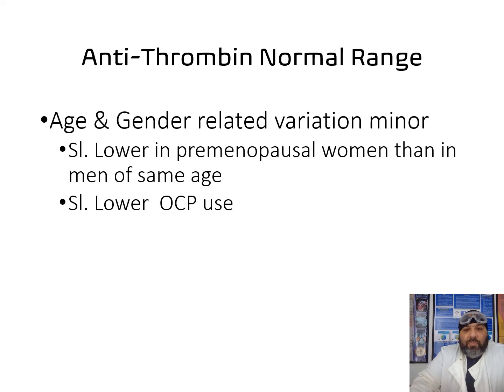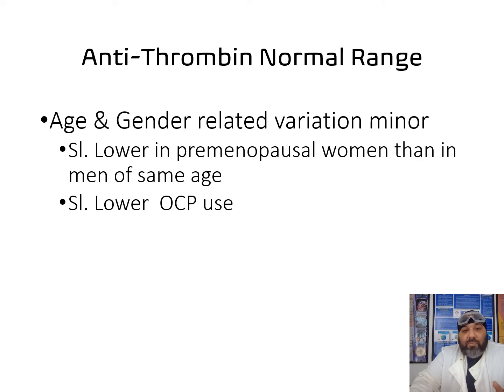So a little bit around the definitions of the normal range for antithrombin. Generally, in relation to the normal laboratory reference range, there are age and gender related variations, the variation is minor, and there are standard international units that are applicable.